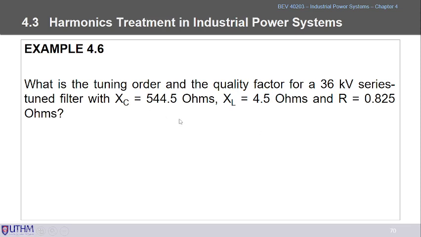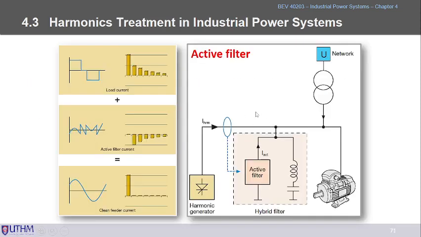I will give you the answer. The tuning order is 11, and the quality factor is 60. So you can try it yourself to find the answer for the tuning order and the Q here.